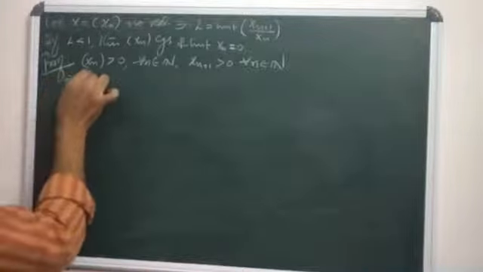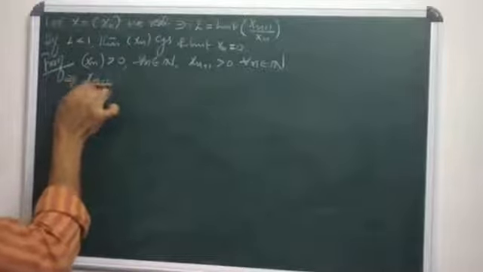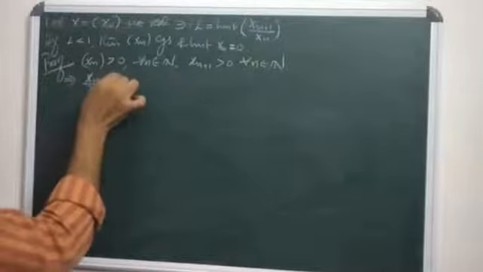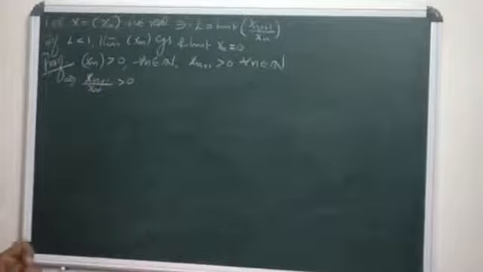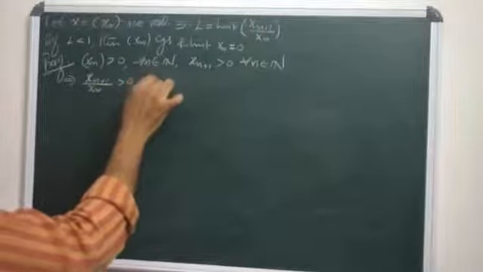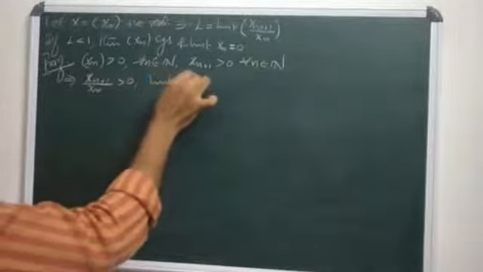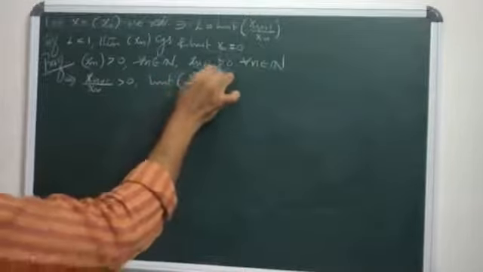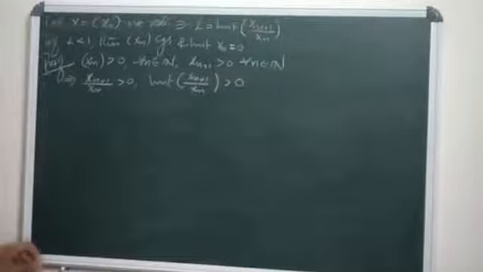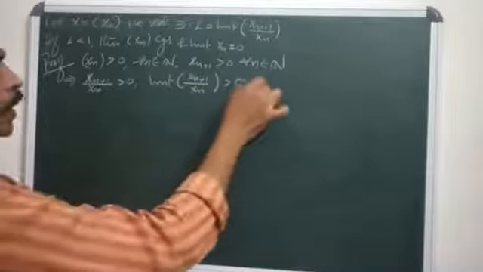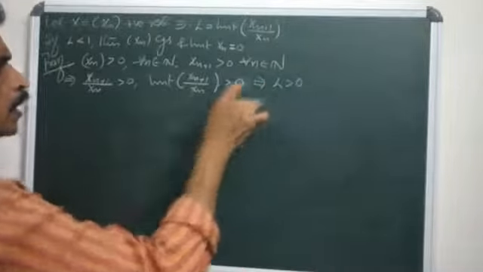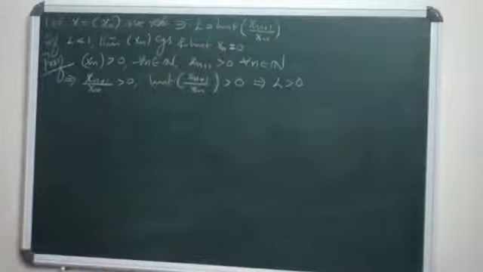So xn plus 1 by xn is also greater than 0. Then by the well-known result, the limit of xn plus 1 by xn should be greater than 0. That means L greater than 0. Clearly this L is greater than 0.